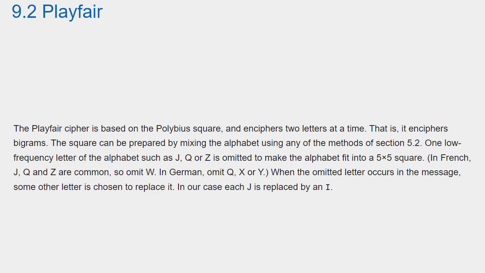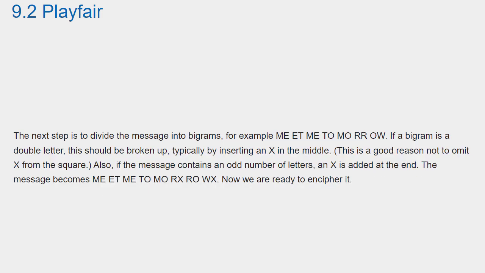In German, omit Q, X or Y. When the omitted letter occurs in the message, some other letter is chosen to replace it. In our case, each J is replaced by an I. The next step is to divide the message into bigrams, for example, M-E, E-T, M-E, T-O, M-O, R-R, O-W.